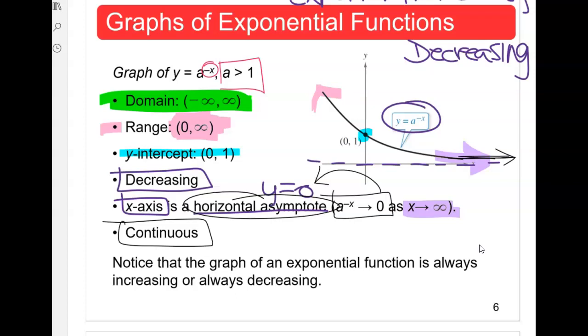However, it is decreasing. So now for this one, we will say something like as x gets smaller, so as x goes to negative infinity, the function, or a to the negative x, goes to infinity.